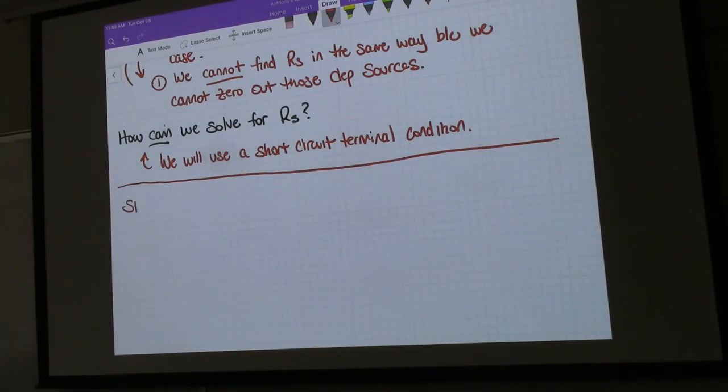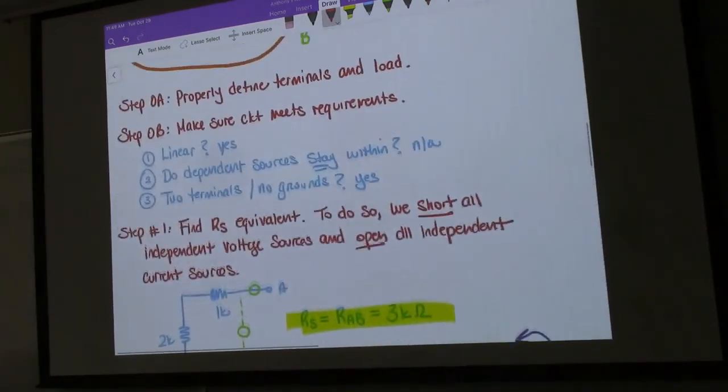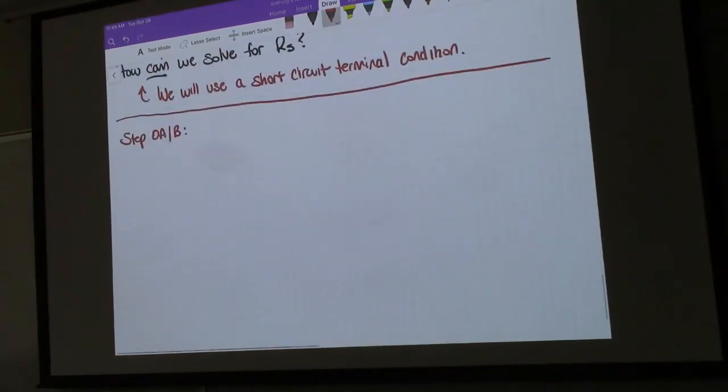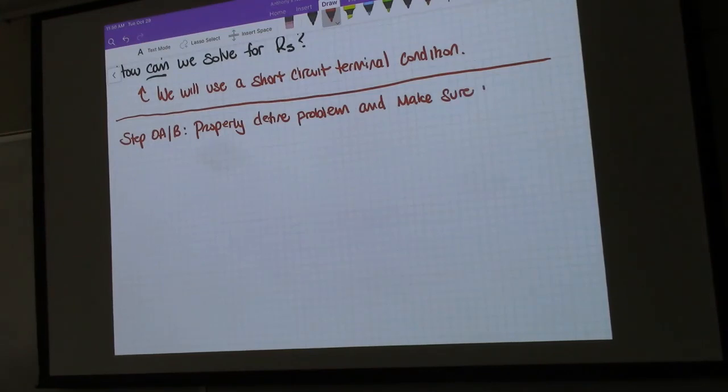step 0, A and B, let's make sure we do both of those. We want to properly define the terminals and make sure it meets the requirements. So properly define the problem and make sure it is suitable for an equivalent.